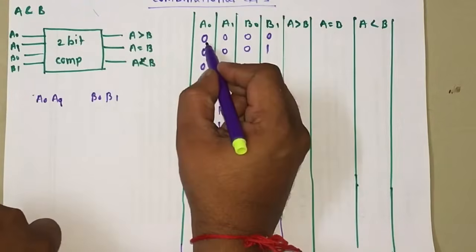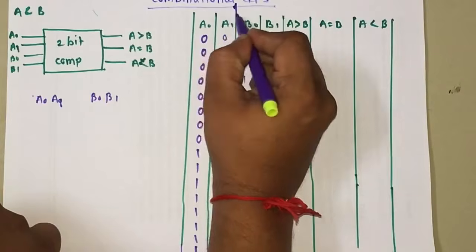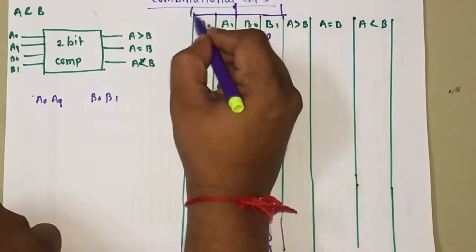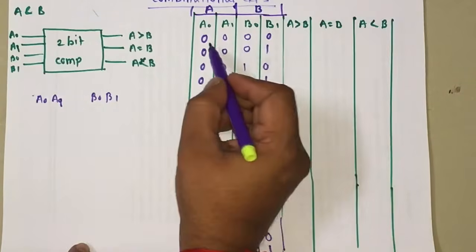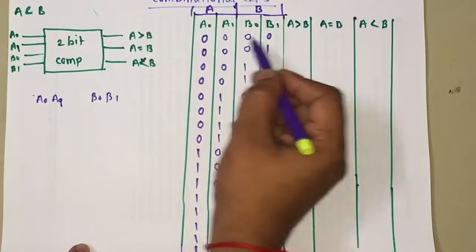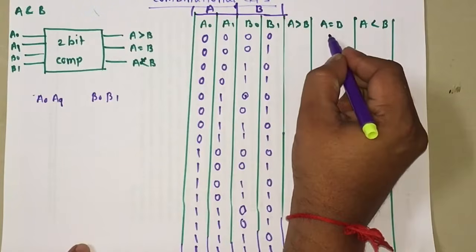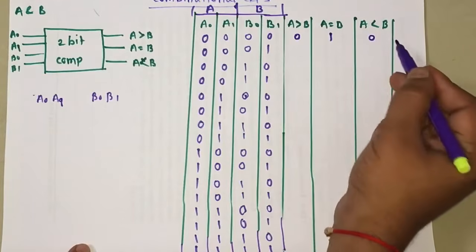So here I will check the values of these two numbers. For simplification you can write here this is A and this is B. So the number A is what? 0, 0. Number B is what? 0, 0. Both are equal. So here A equal to B is 1 and the remaining are 0.